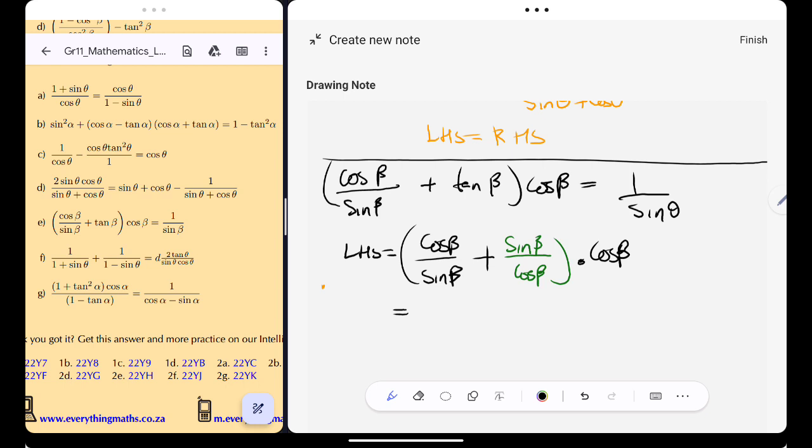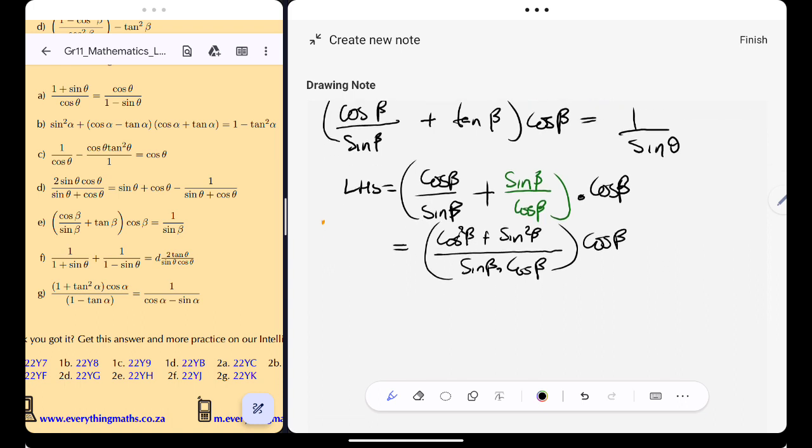According to the BODMAS rules, I need to simplify everything inside the bracket first. That means I'll have sine beta multiplied by cos beta. And then when I multiply both terms inside the bracket by the LCD, I'll be left with cos squared beta plus sine squared beta.